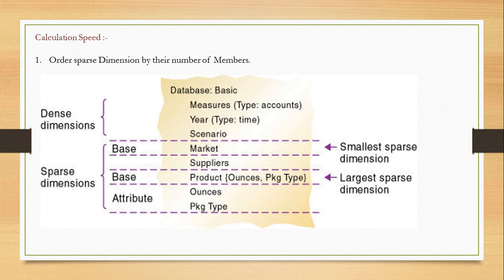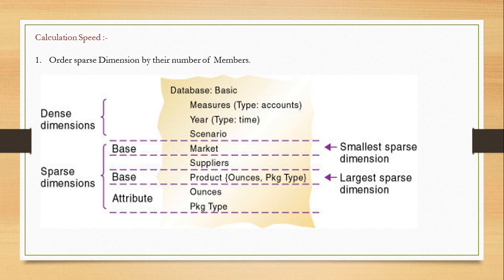In case of designing for calculation speed, the ordering is done based on the number of members a sparse dimension has.